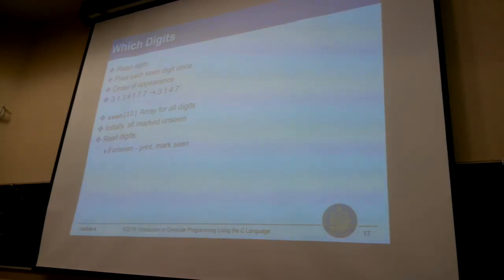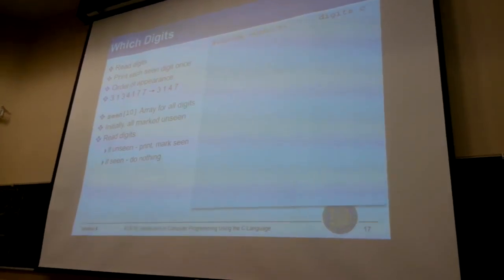If the digit is not seen, we'll print it and we'll mark it seen. If the number is seen, if it's already seen, then we do nothing, right? Because we've already marked it and we know we don't want to print it because we've already printed it out. So let's put that together in a program.